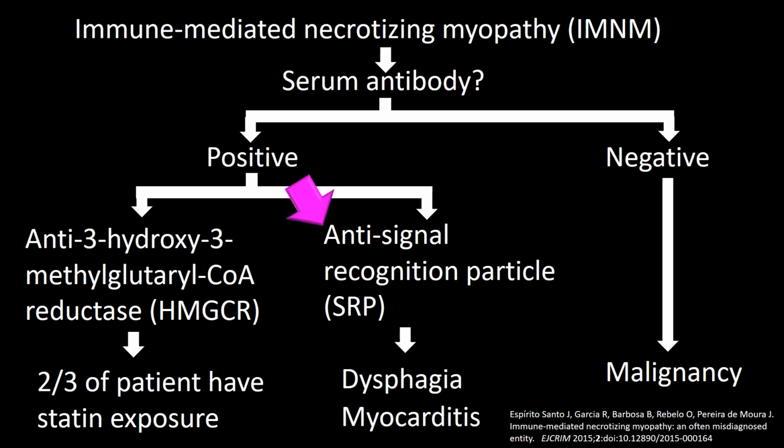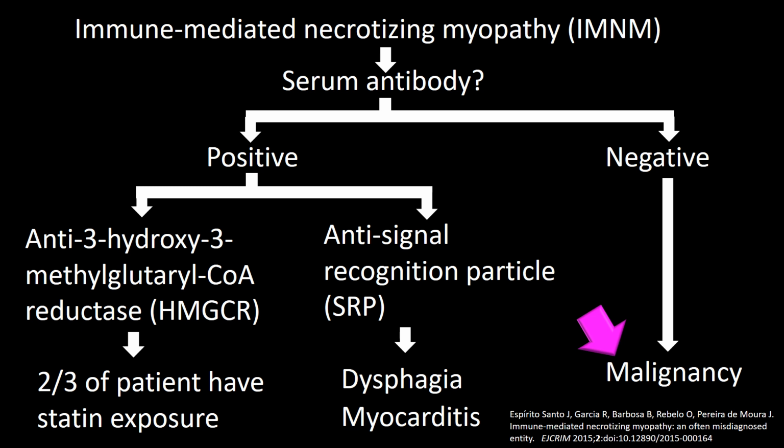If positive for SRP, the patient is likely to have had or to have dysphagia and is at high risk for myocarditis. If neither of these antibodies are present, the diagnosis of immune-mediated necrotizing myopathy is made based on muscle biopsy findings.